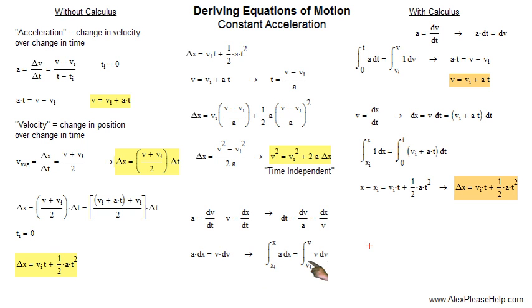Integrating both sides from xi to x and vi to v. Integrate, simplify. You have x minus xi times a equals v squared minus v initial squared over 2. Rewriting, this is the way it's commonly written. V squared equals v initial squared plus 2a delta x.